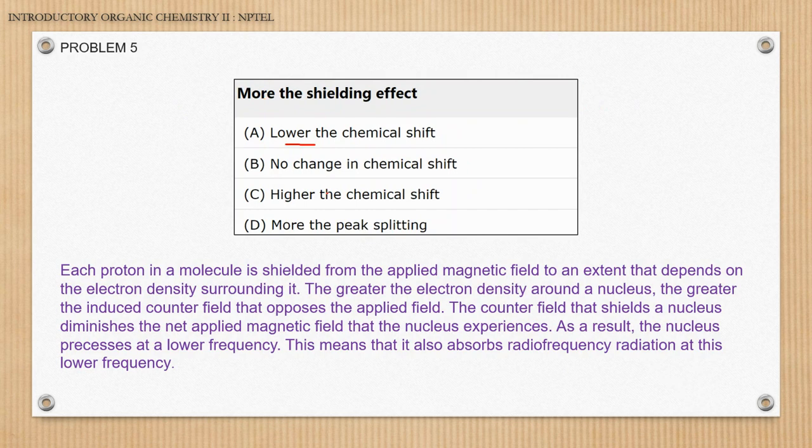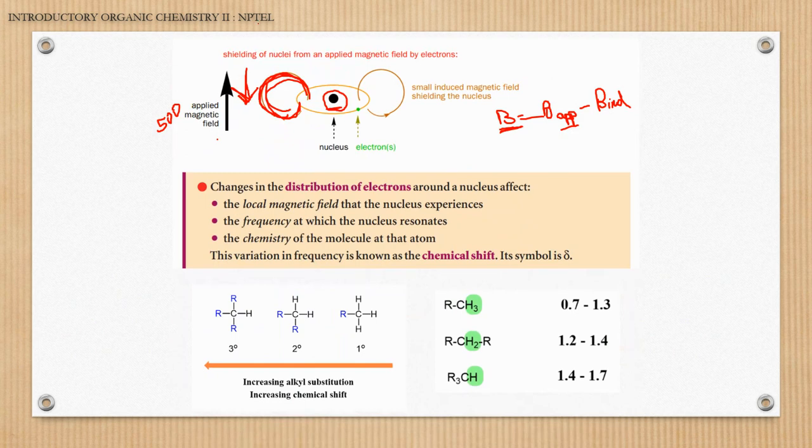So here, if the shielding effect is high, what will change? Can anyone tell me, based on that particular experiment only? Lower the chemical shift. So here, what is happening is that the induced magnetic field is getting increased and now the net magnetic field is getting lower. So the lower the net magnetic field, the lower is the chemical shift value, because now your nuclei will resonate very fast with the magnetic field.